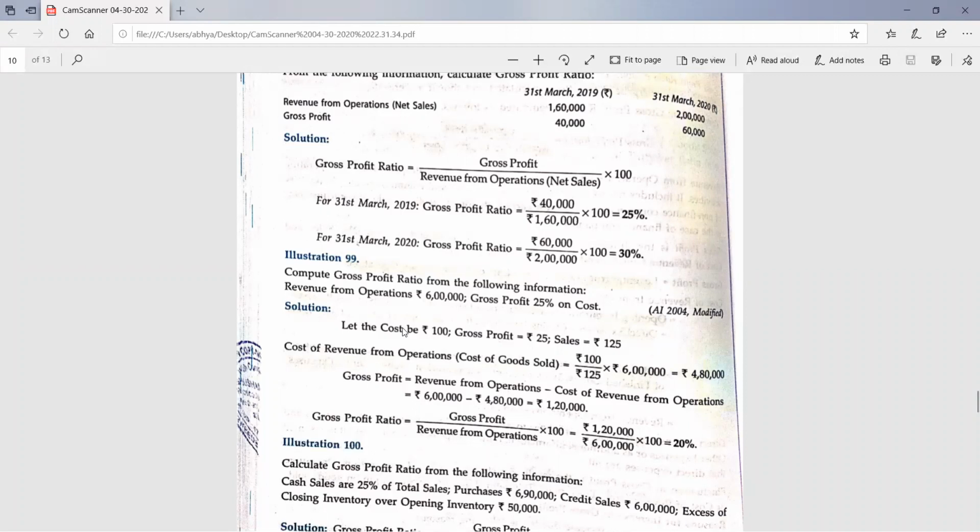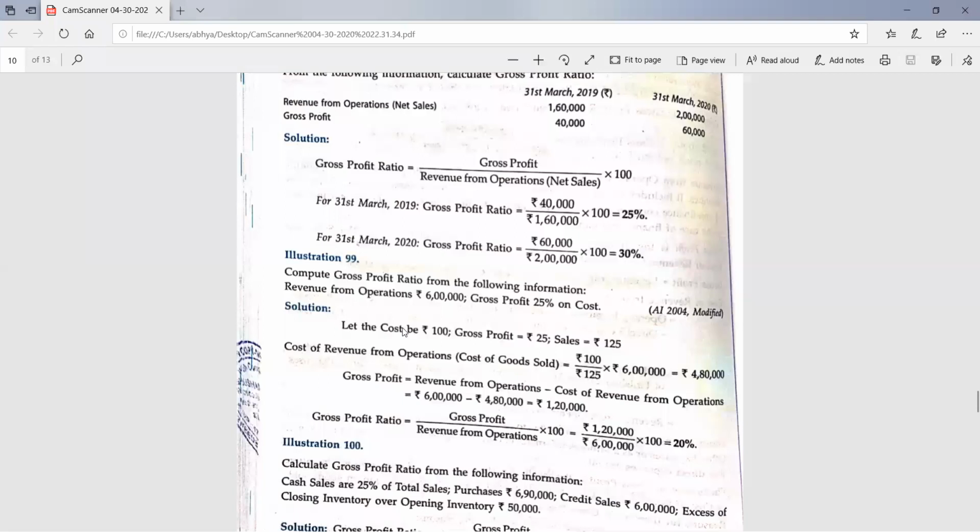First of all, here we can find out the total sales, because credit sales are given. So assume total sales X and take the cash sales 25% of X, means X by 4.